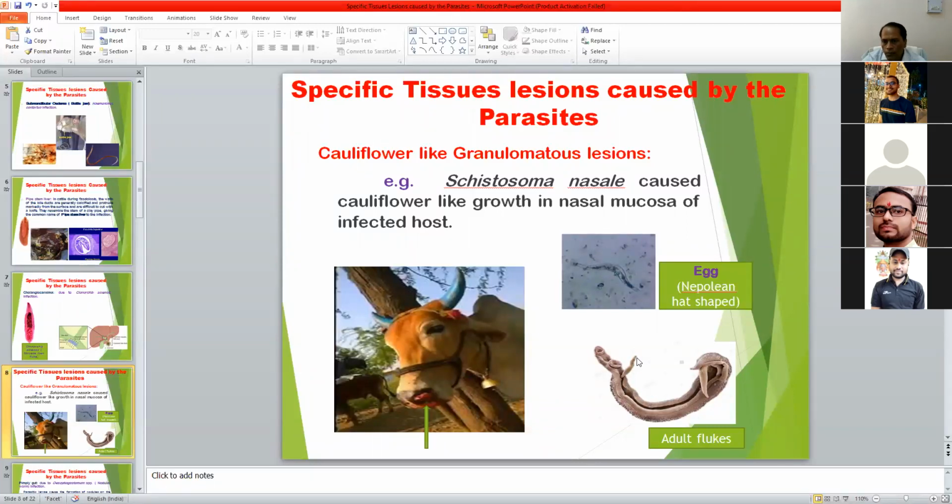This is the female Schistosoma, found in the gynecophoric canal of the male worm during copulation. This is the gynecophoric canal found in the male Schistosoma, and the female worm is found in the gynecophoric canal during copulation. Generally male and female Schistosoma are separate, that is a unisexual trematode parasite.